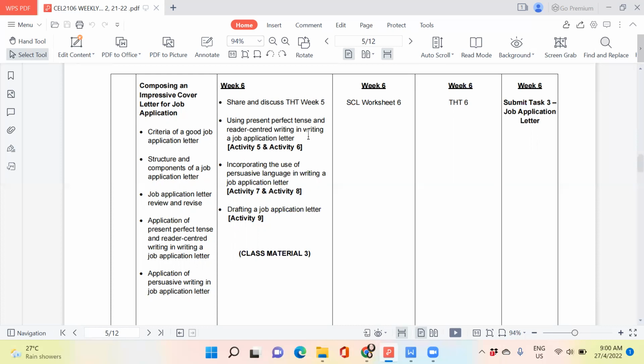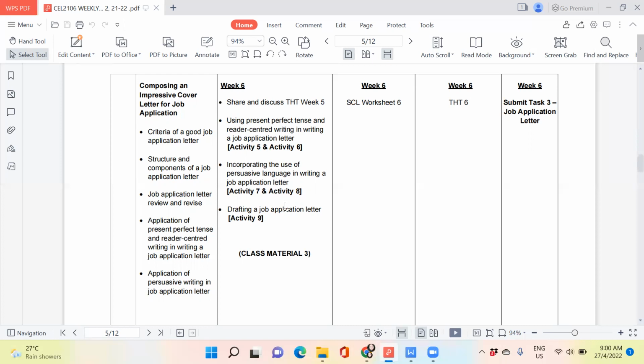And then we're gonna look at incorporating the use of persuasive language. Persuasive means you're trying to persuade the hiring committee to accept your application. So how to be persuasive but not in a weird way. And last but not least, we're gonna look at how to draft your job application letter. All right, so let's get to it.